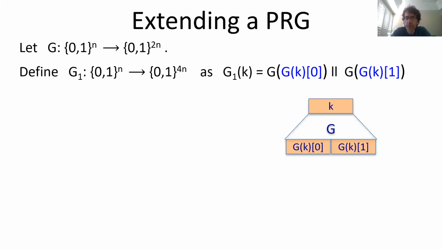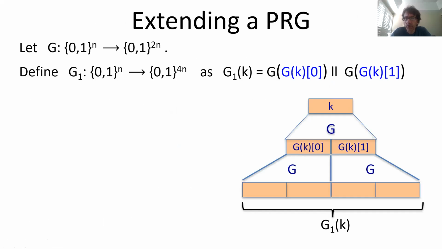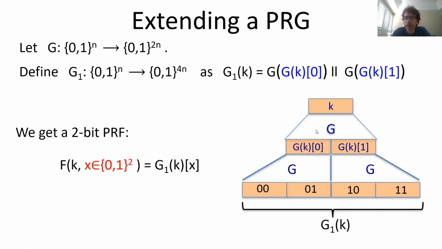So how can we do it over a larger domain? Well, recurse. Run G once, get 2 n-bit strings, parse it as left and right, and then apply G to the left one, parse it into left and right, and apply G to the right one and parse it as left and right.